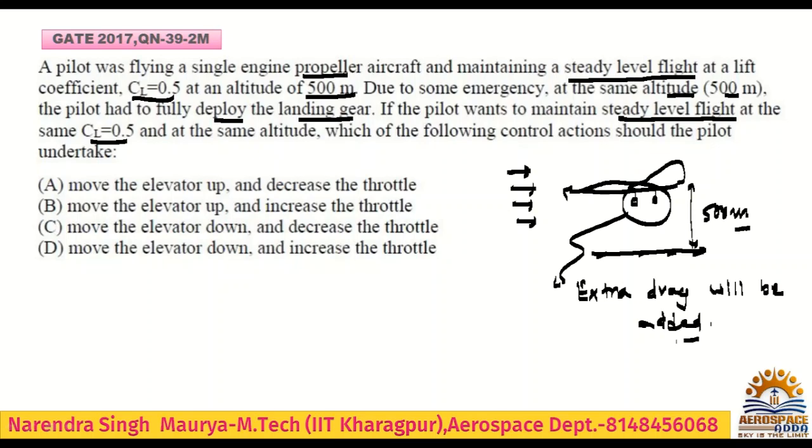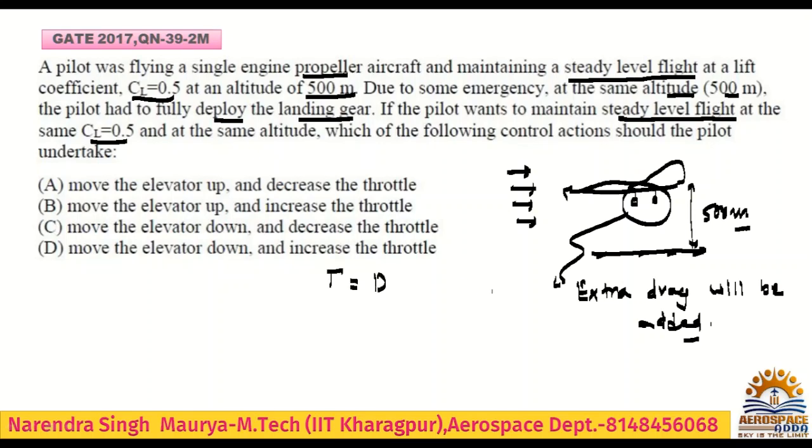Throttling is related to the propulsive system. So if you increase the throttle, it means you increase the thrust. It is very clear now, because extra drag has been added because of the deployment of landing gear. So extra thrust is required to balance that drag, because what is the steady level condition? Thrust is equal to drag.